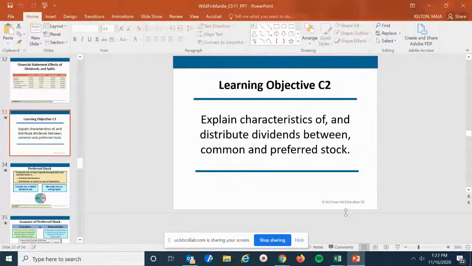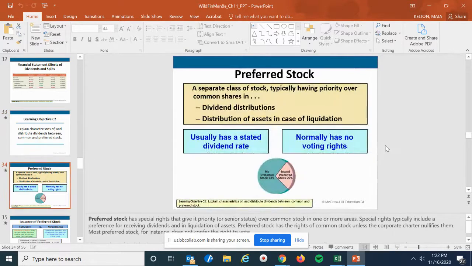Earlier I said that there are two different types of shares, right? One is the common stock. The second one is the preferred stock. Preferred stockholders, as the name suggests, are usually paid dividends before the common stockholders.